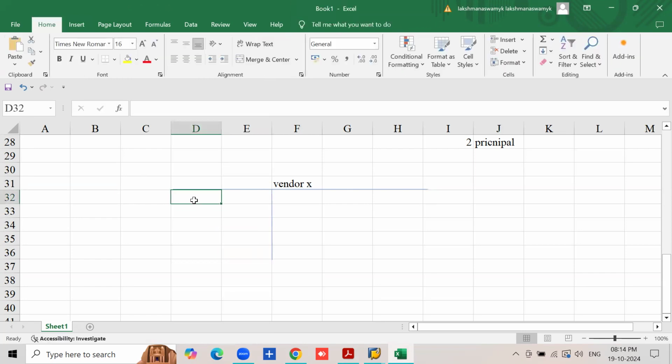Say, for example, on 19/10/2024, we purchased the material from this vendor. Invoice amount is 1 lakh rupees.